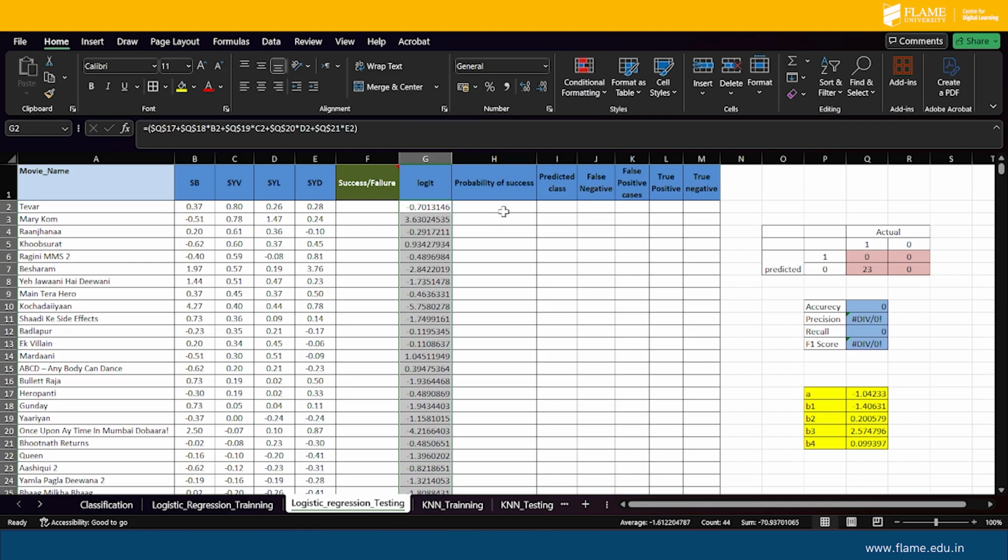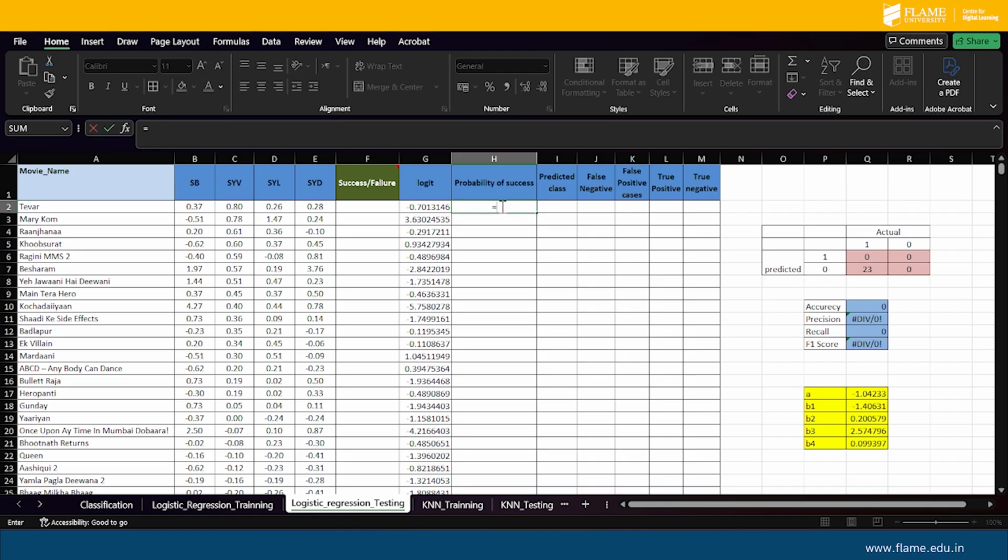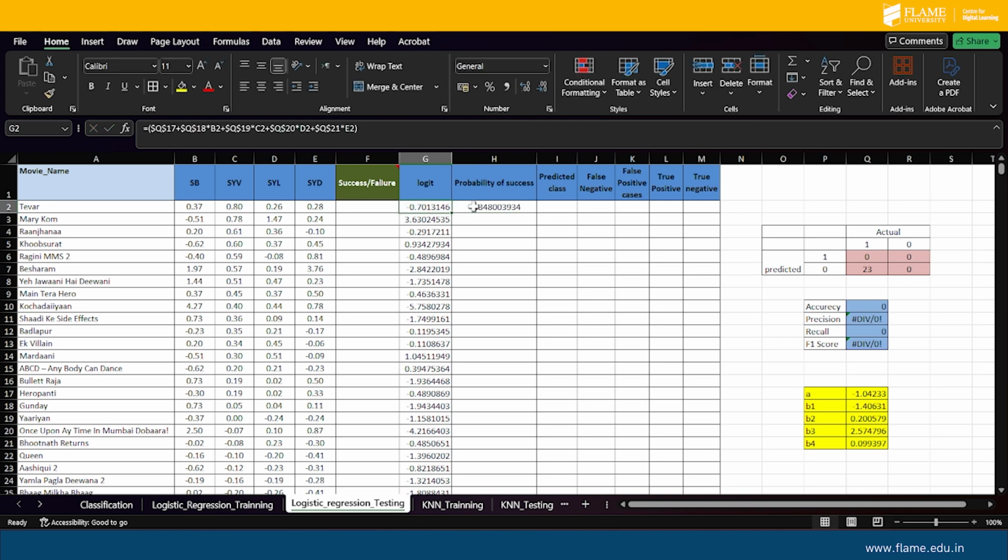Now similar to your testing sheet, you can calculate the probability value by just taking the ratio of logit divided by 1 plus logit. So this divided by 1 plus this. Okay, I just forgot to take the exp or exponential function.